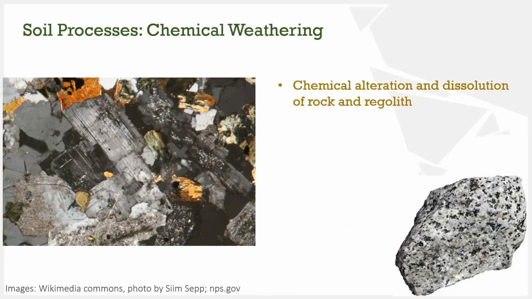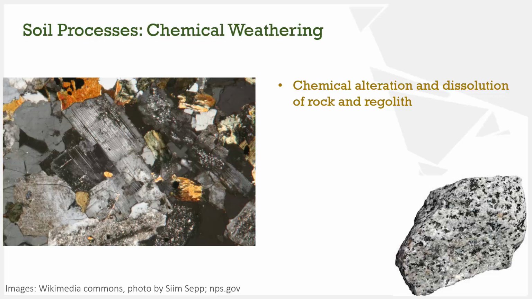Let's go back to this view of the minerals under the microscope. In the unweathered or largely unweathered rock, we should see original minerals like this. Let's now start to physically weather this rock, open up cracks, mechanically break it up. The physical processes then help chemical processes to begin to dissolve and alter minerals.